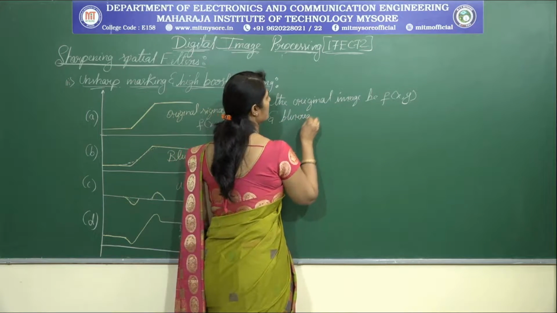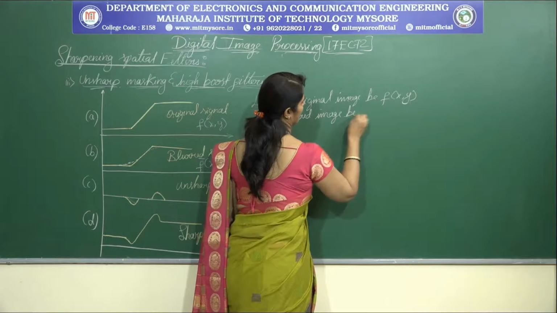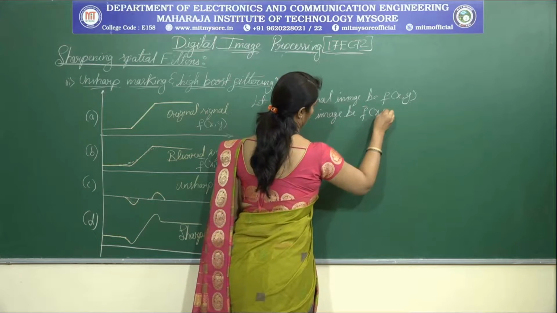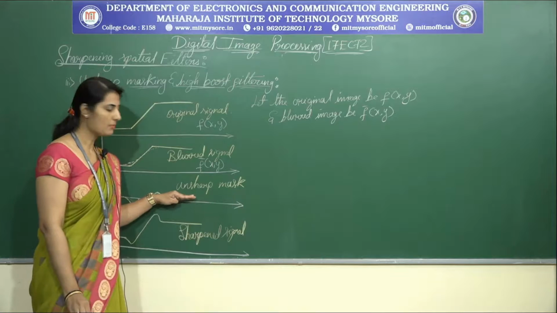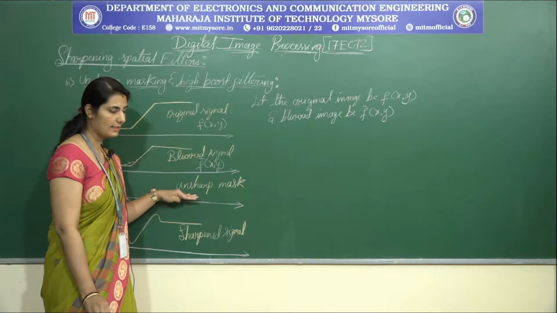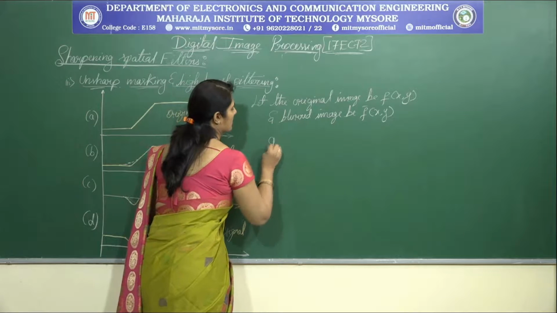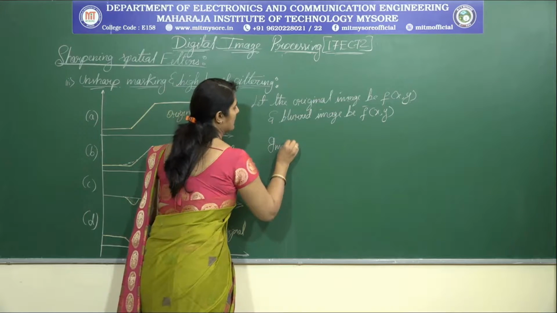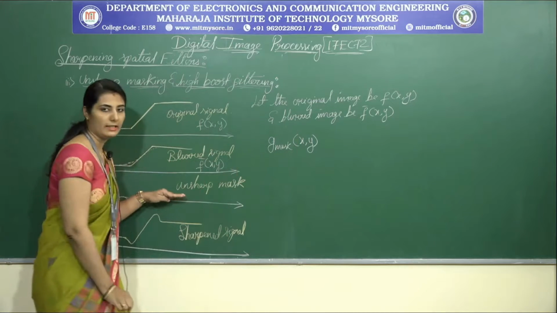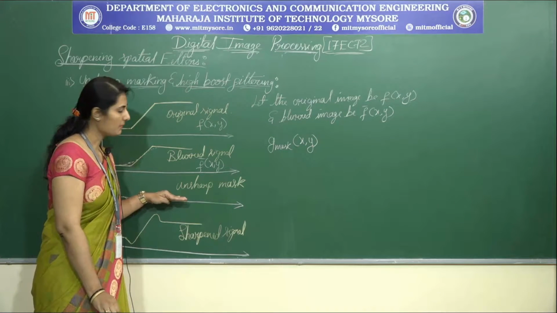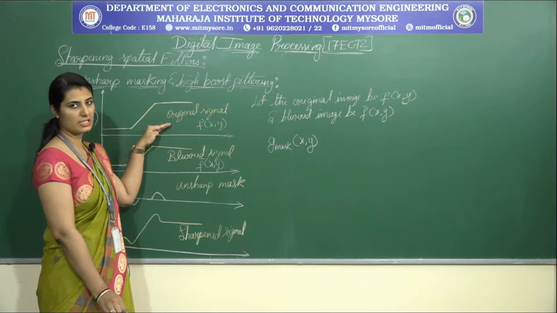Now the unsharp mask can be represented in equation form as g mask of x comma y. We know that the unsharp mask is obtained by subtracting the blurred image from the original image.